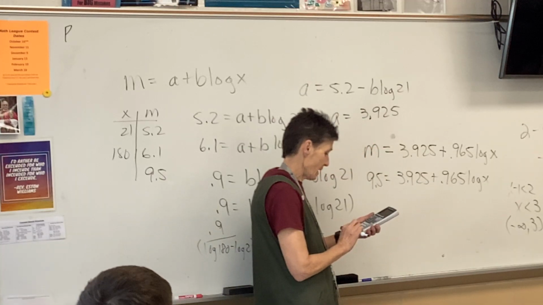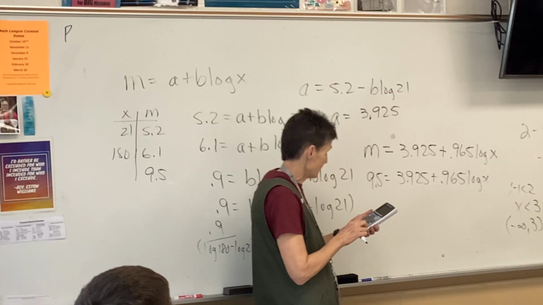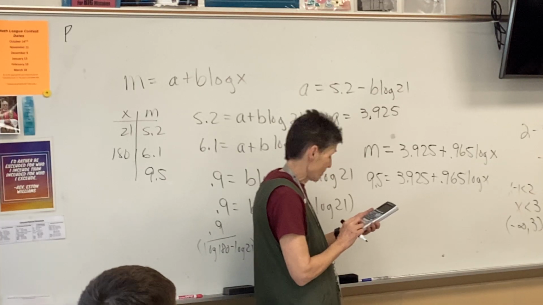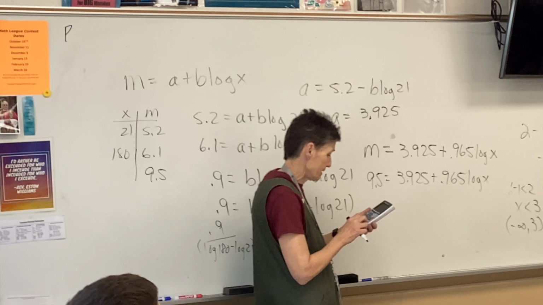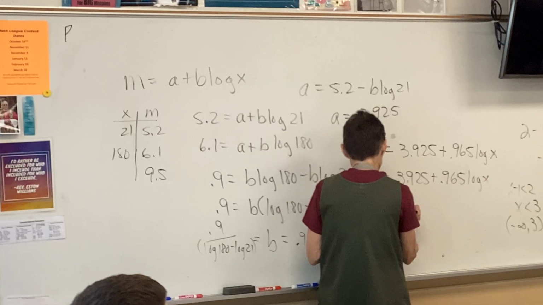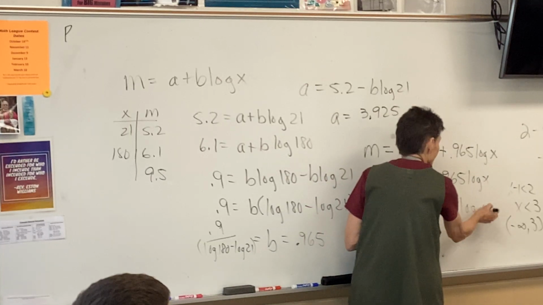Okay, so I'm going to have 9.5 minus 3.925, and I'm going to divide that by 0.965. So I have something like 5.7772 equals log x.